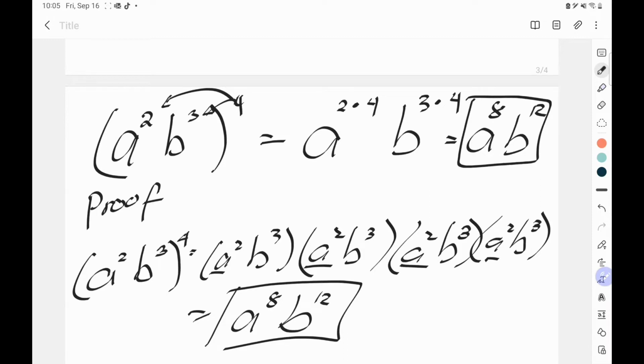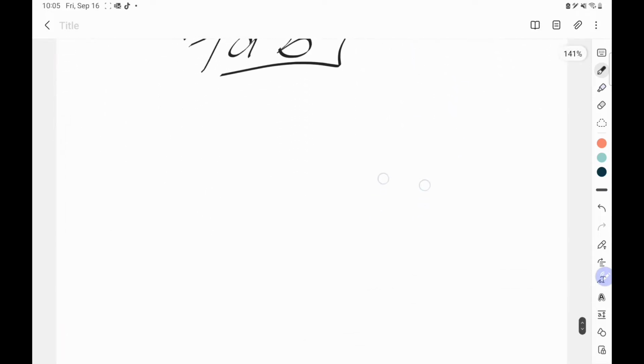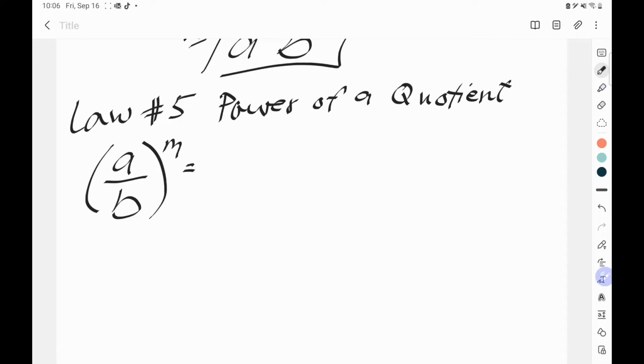Now let us proceed to the fifth law, which is power of a quotient. The fifth law is almost the same as the fourth law, power of a product. For the power of a quotient, you're just going to distribute the exponent to the individual factors as well, that is, to the numerator and also to the denominator.